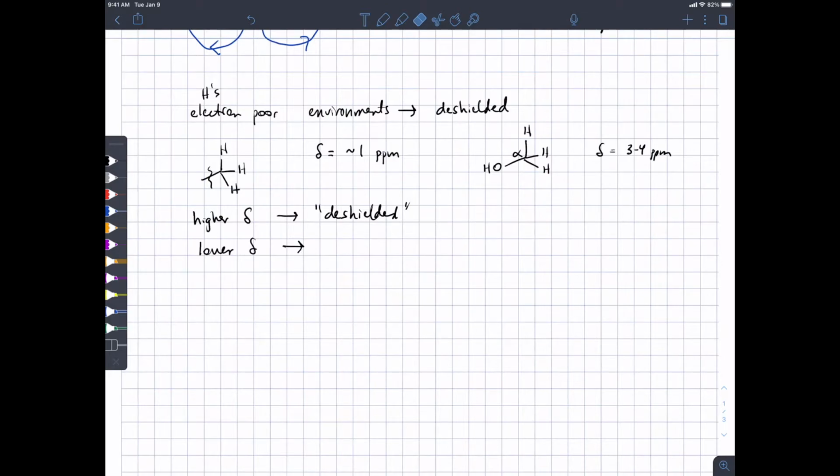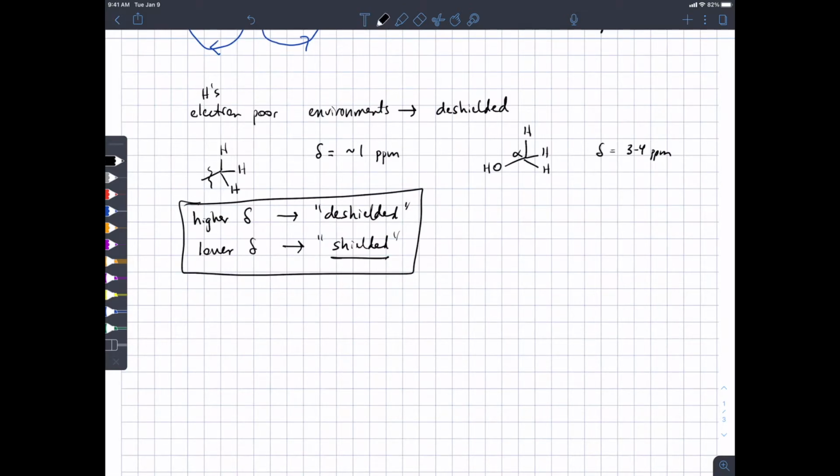I always get that one wrong, so don't worry about that. I won't ask you questions about upfield versus downfield. Protons that have lower chemical shift are said to be de-shielded. I'm sorry, said to be shielded. Now I'm all over the place. What we've written here is correct. Shielded means lower chemical shift. De-shielded means higher chemical shift. I'm sorry for the confusion. It is written very clearly in your text, so if you're still confused after what I've read, just consult chapter 14 and it will tell you the way things really are.